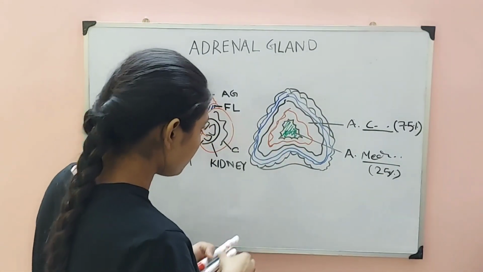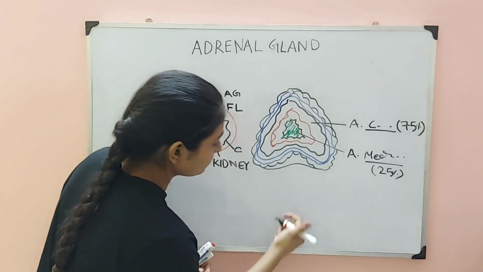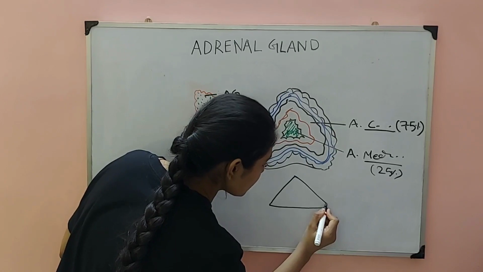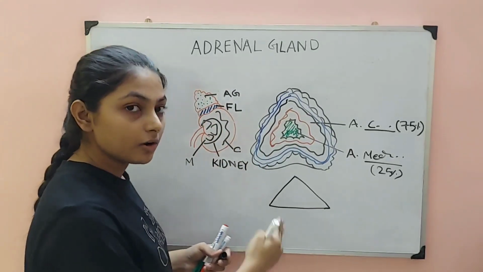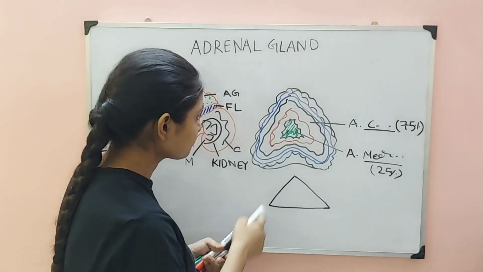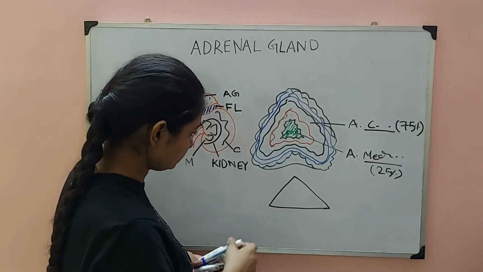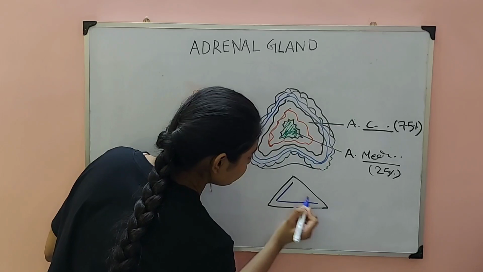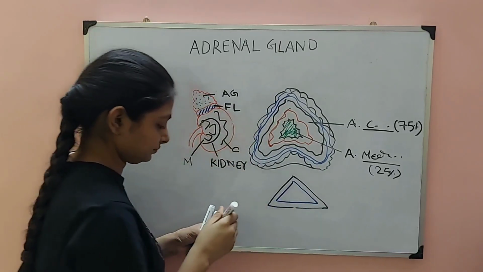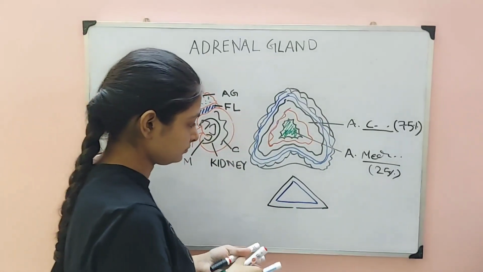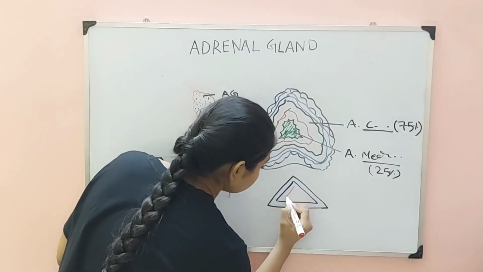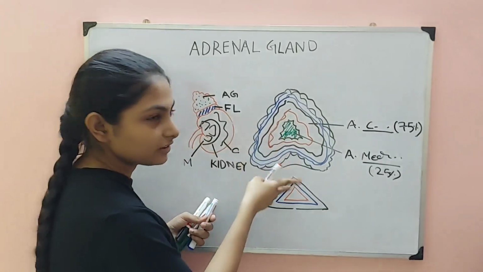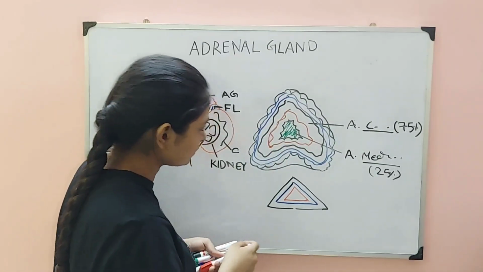So I guess this is pretty complex here, so I'll explain it here again. This is the outer layer of the adrenal cortex. The middle layer and the inner layer. Colors are different, so I guess that's not an issue.